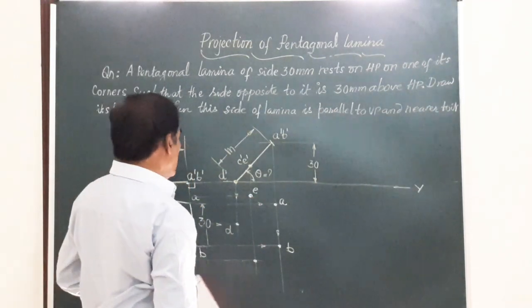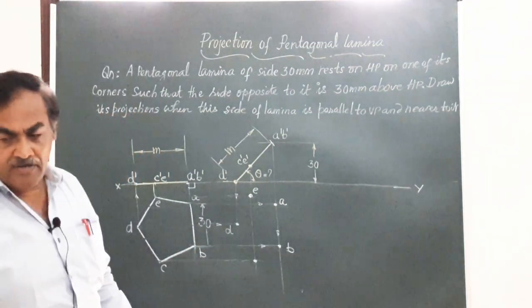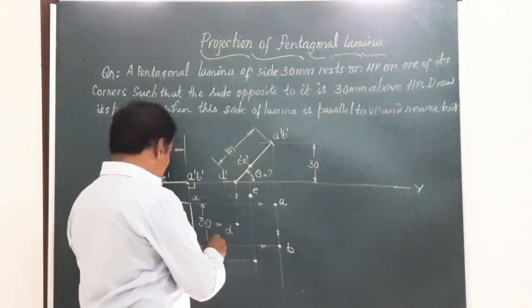Friends, you have got all the 5 corners of the lamina in the top view. Join them by straight line.